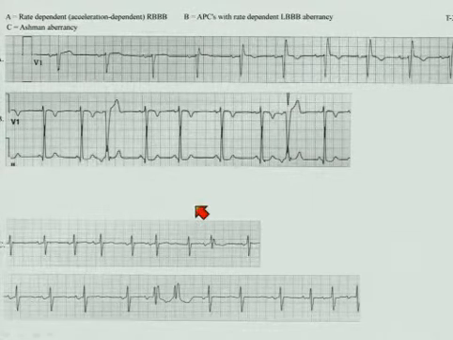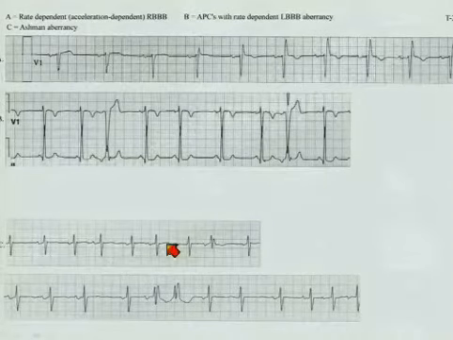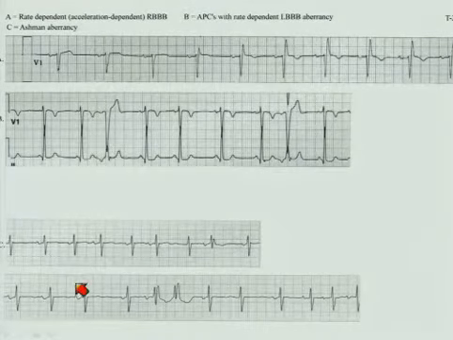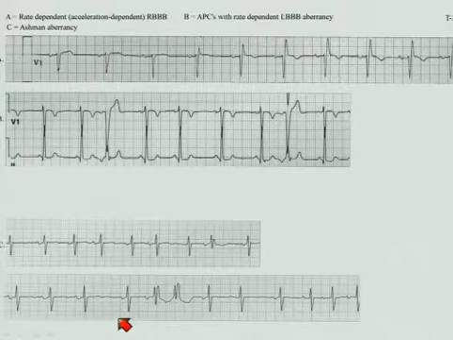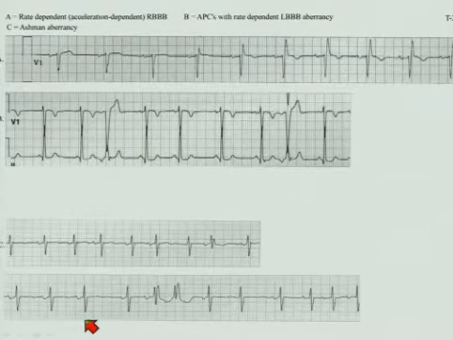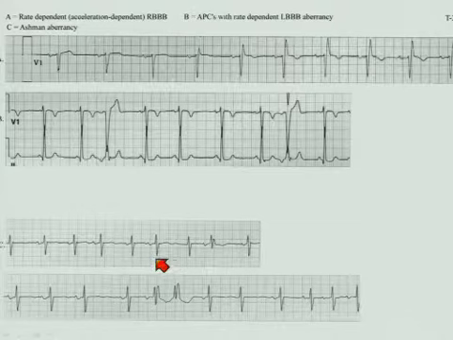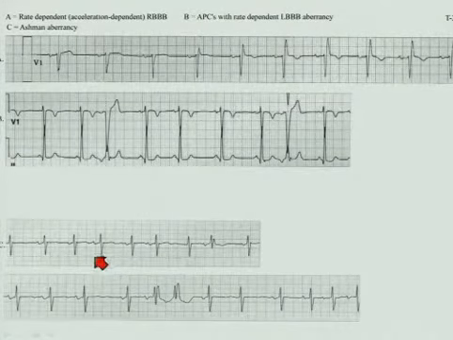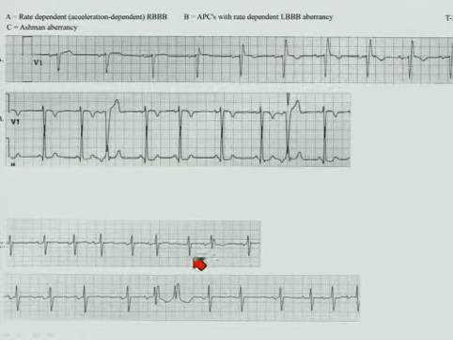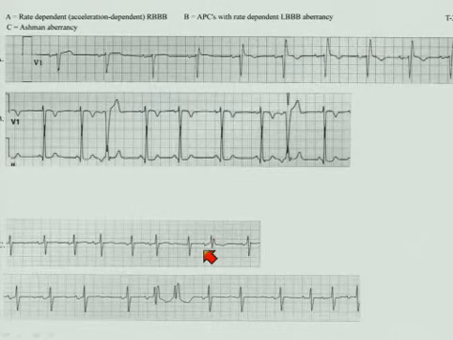Shown below is a different kind of aberrancy. This patient actually has a lot of irregularity from the sinus and APCs, but this is most classically seen in patients with atrial fibrillation. You'll notice that you have a sequence here where you have a relatively long R to R compared to these, followed by a relatively short R to R, and then it conducts with a right bundle branch block pattern.